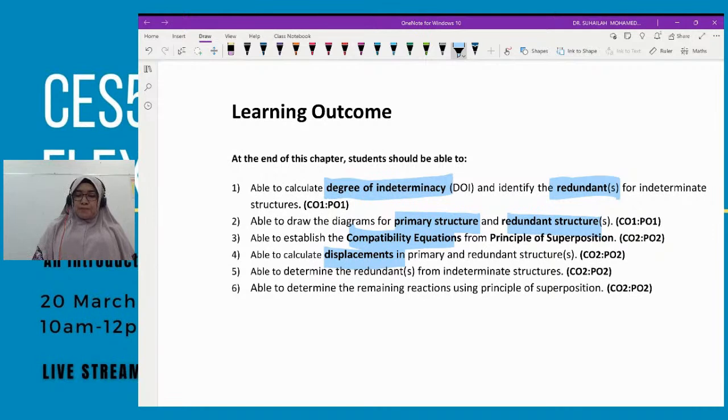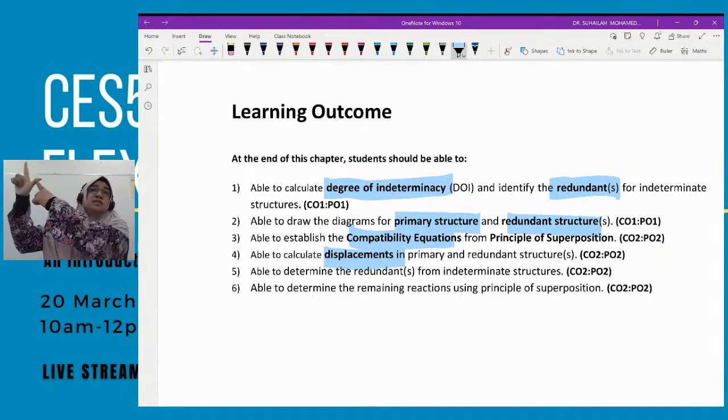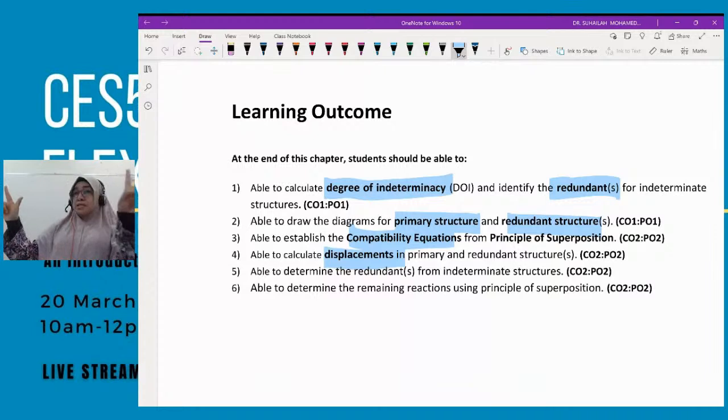The compatibility equation is based on displacement at the redundant position. Displacement is not one; it depends on how many determinate structures we analyze. If we have a primary structure and a redundant structure, two systems, it means there are two displacements. If we have 2 DOI, we have 6 displacements.